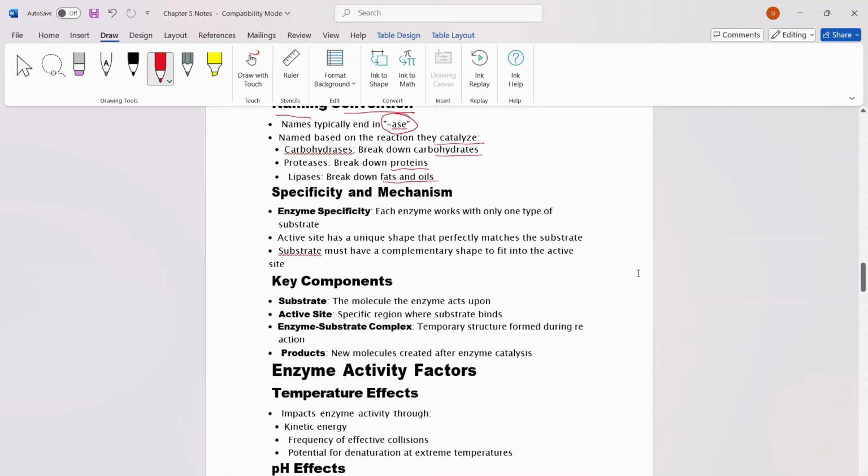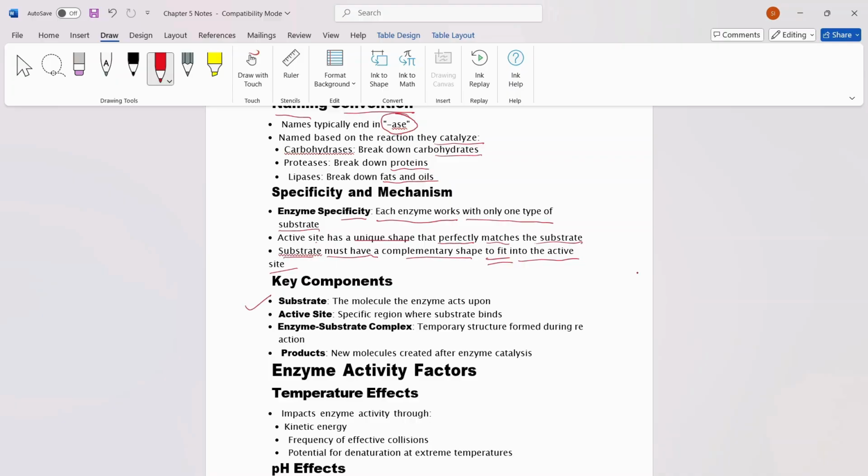Specificity and mechanism. Enzyme specificity: each enzyme works with only one type of substrate, remember it. The active site has a unique shape that perfectly matches the substrate. The substrate must have a complementary shape to fit into the active site.